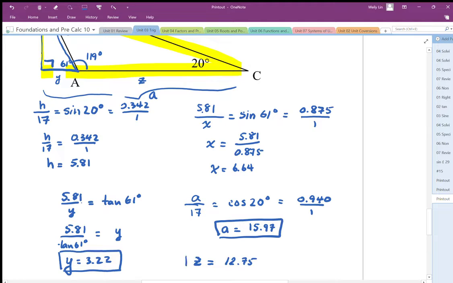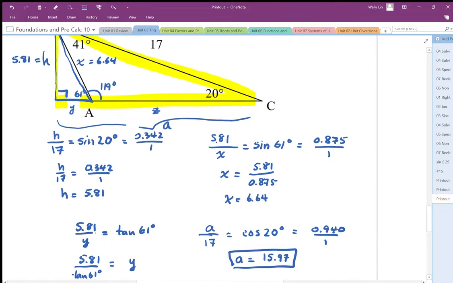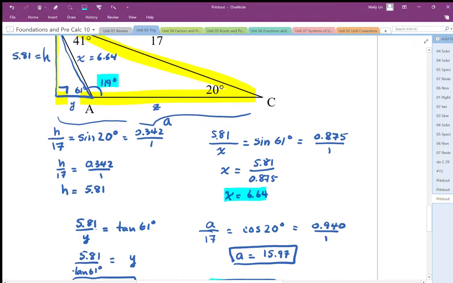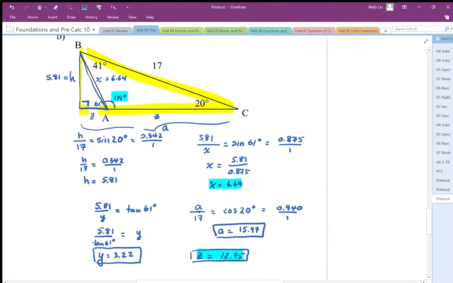So there we have the lengths I'm looking for. I'm looking for z, I'm looking for the x length, and I also have the angle of 119 degrees right there. Those are the unknown parts of that original triangle.